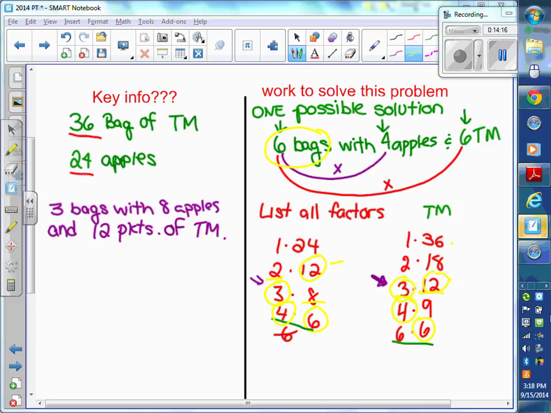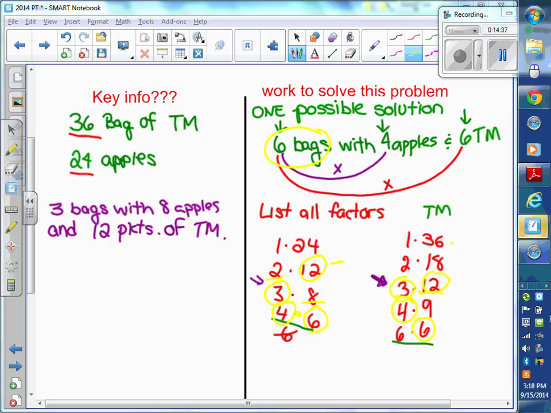No, because 4 times 2 makes 12 and we have 24 apples. 4 times 9 makes 36. We only have 24 apples. So look for the factor pair, right? 4 times 6. So if we have 4 bags, we'd have 6 apples.